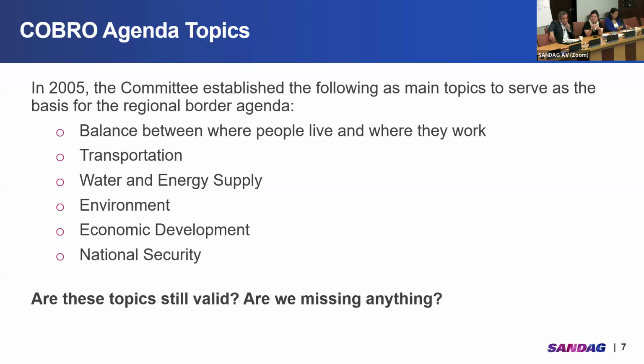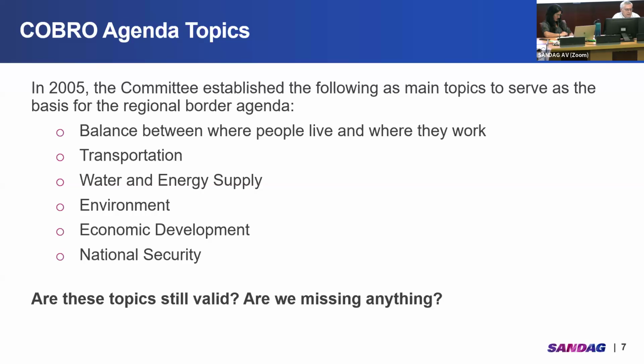My other question is, when we say transportation, are we talking about all transportation? It's mobility that includes bicycles and motorcycles and ferries and trolley, everything? Traditionally, yes. Okay, perfect. Over the years, COBRO has devoted a lot of time and many sessions to discussing particularly bicycles and connections at the border to move people.